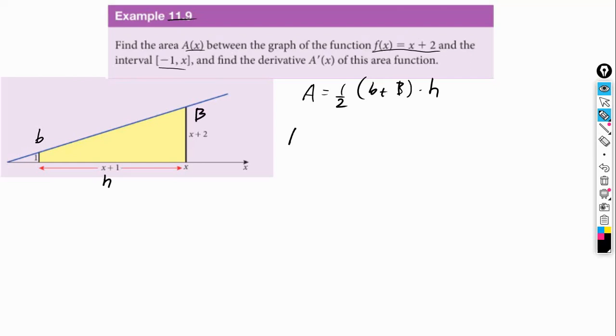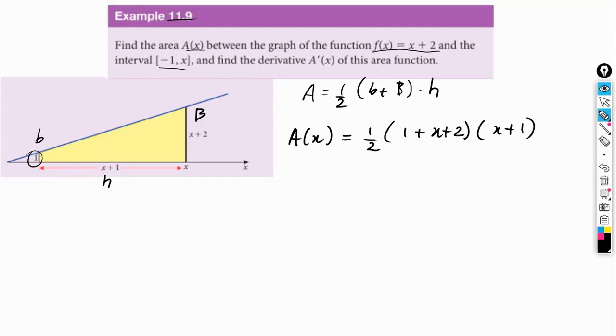Therefore, the area as a function of x would be equal to 1/2, and the small base is 1, as you can see here, that's the height there, plus the large base, which is x plus 2, times the height, which is x plus 1.